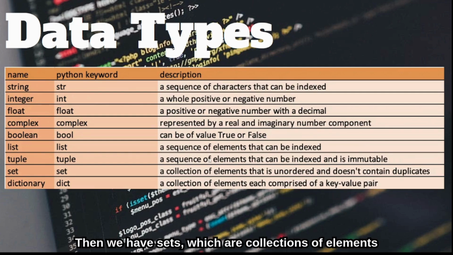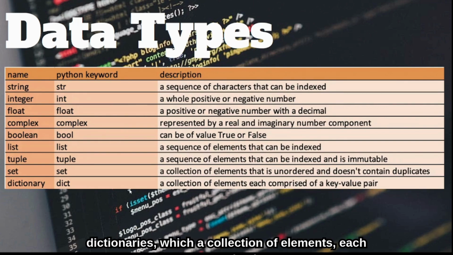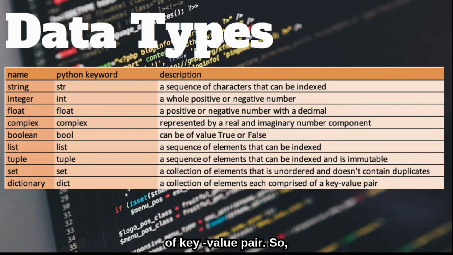Then we have sets, which are collections of elements that are unordered and don't contain duplicates. And finally, we have dictionaries, which are a collection of elements, each comprised of a key-value pair. As you can see, in Python, we don't have to type out string, we can use abbreviations: str, int, float, complex, bool, list, tuple, set, dict, etc.